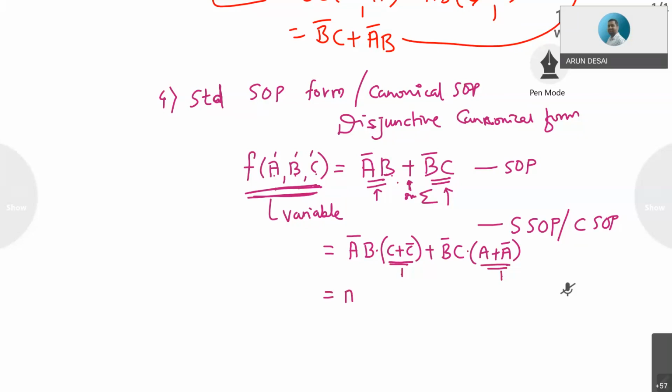So A complement B C plus A complement B C complement plus A B complement C plus A complement B complement C. Now check out the expression.